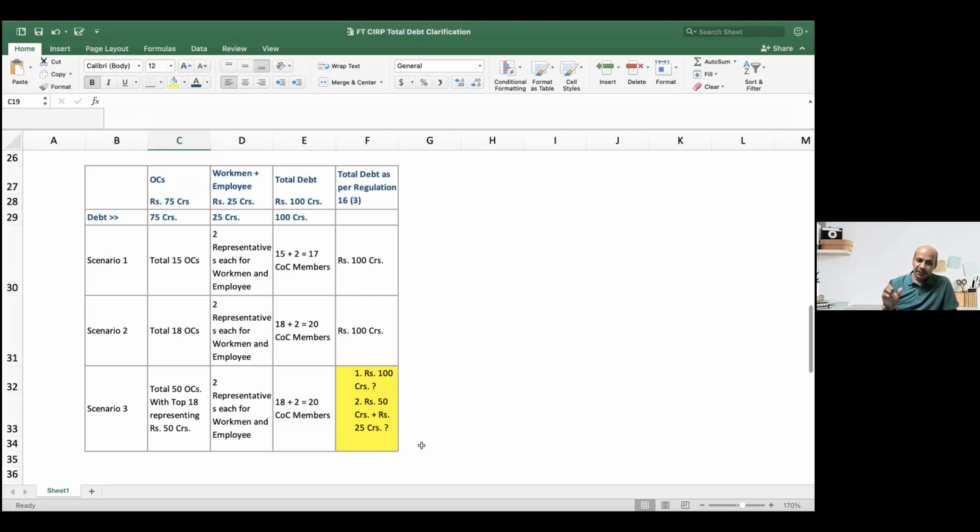And then within 48 hours after the meeting is completed, the resolution professional will circulate the minutes. So the point which I found very interesting is that even if a COC member does not attend a meeting, he or she will have an option to vote on the agenda points within the next 24 hours after the meeting was done. Anybody has any other views on this?